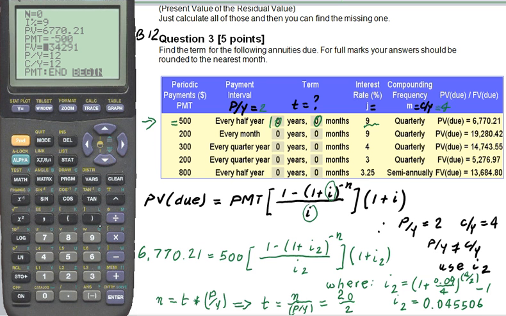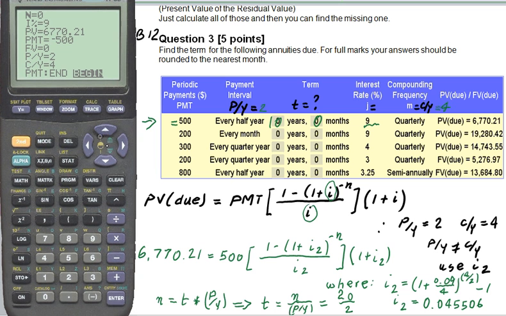Future value is 0. Number of payments per year is 2. Number of compounding periods is 4. And then we have BEGIN, it's annuity due. Then we scroll all the way to N and press alpha, enter, and we have 20 payments divided by 2 payments per year, and that gives you also 10 years.